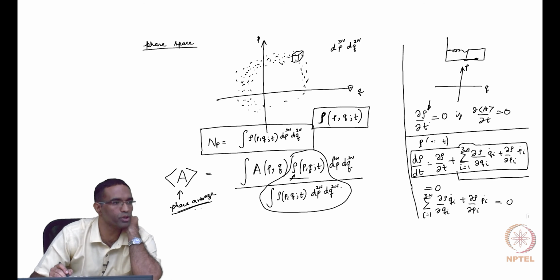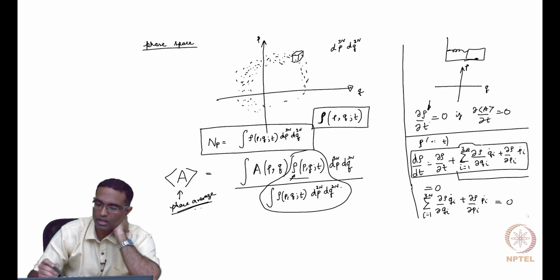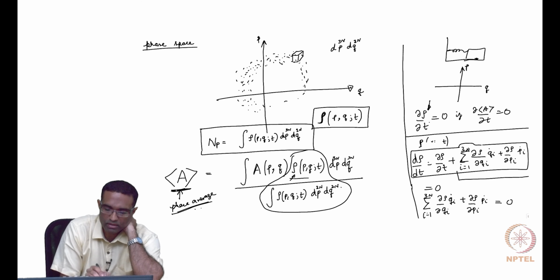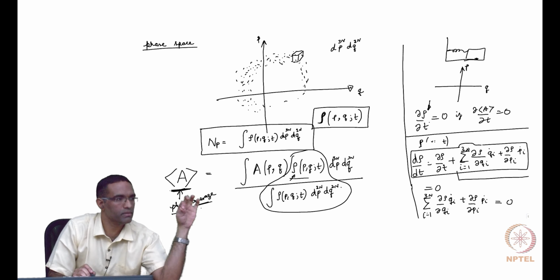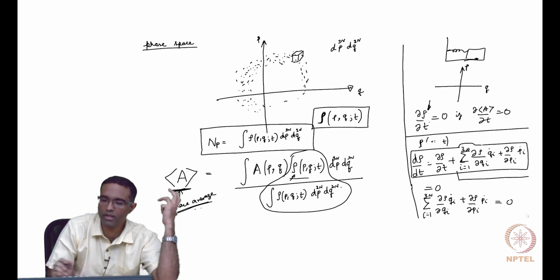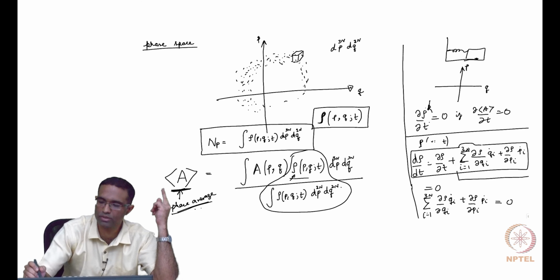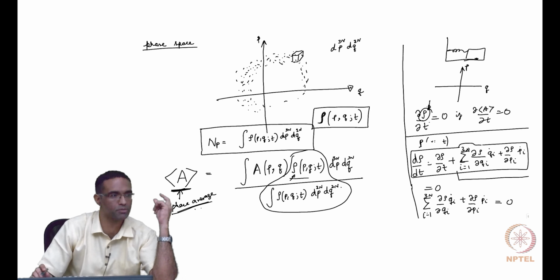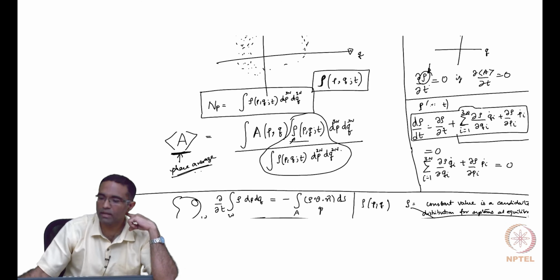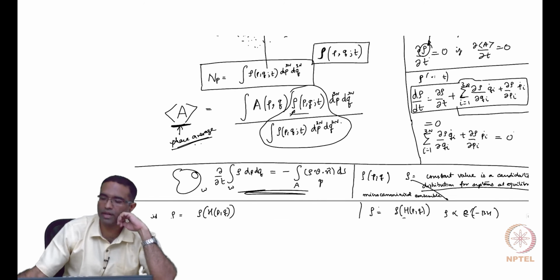Number of particles per unit volume may be varying with time. However, we know that for a system at equilibrium, the phase average should not change with time. So we make the argument that this is possible if this density function is also not explicitly dependent on time, right?